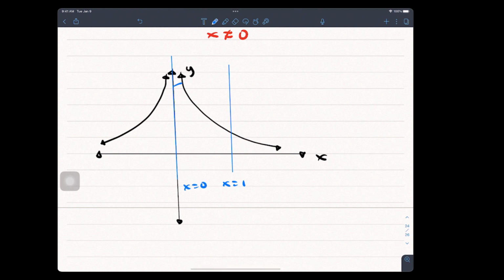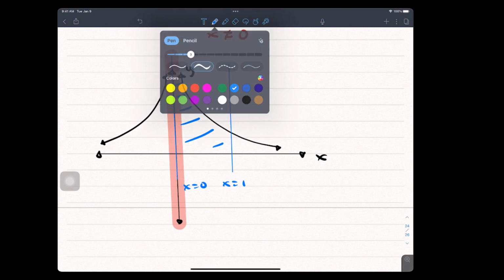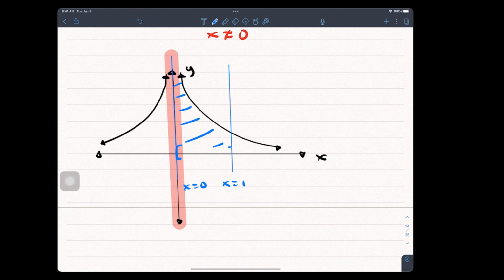And you try to find this area under the curve. You guys with me on that? So the real issue is that over the interval from 0 to 1 you've got a vertical asymptote. Oh, we got a problem here, ladies and gentlemen. So you have a discontinuity at 0, meaning a vertical asymptote.